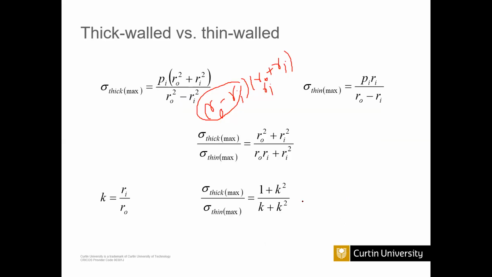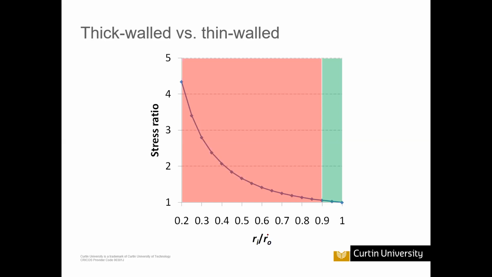If the stress ratio is equal to 1, it is thin wall. But after 0.9, you can see a little deviation, and if the ratio increases much higher, that means Ri is very small compared to R naught, so there is a very high thickness. Then we cannot consider it a thin wall, it's a thick wall. The stress ratio variation is very high, you can see. Here, the stress variation is very high.